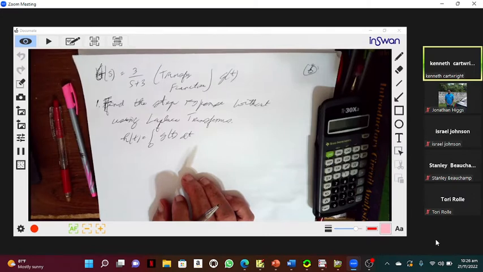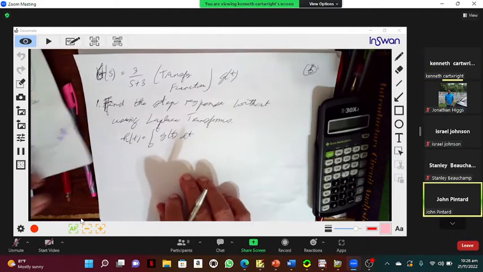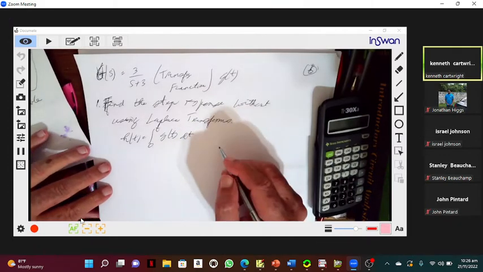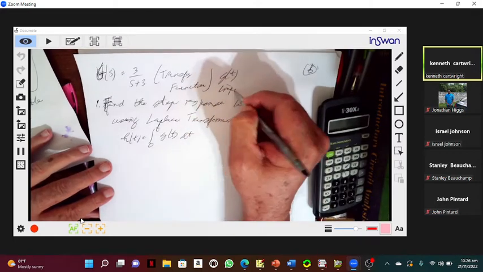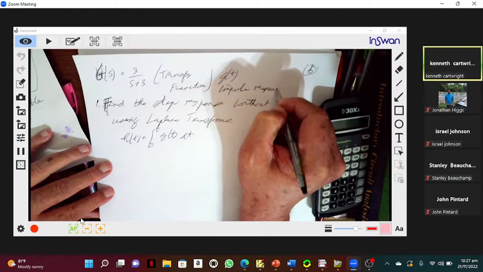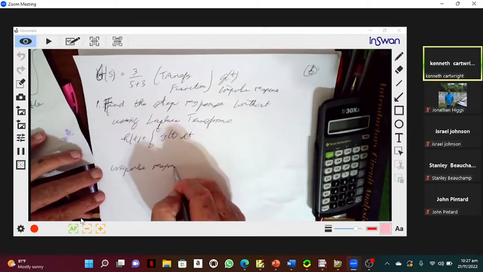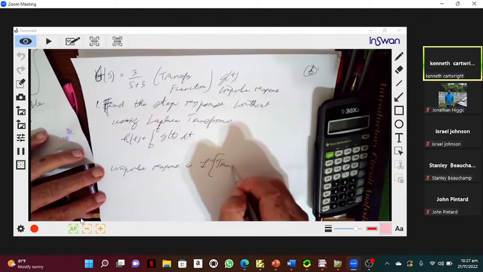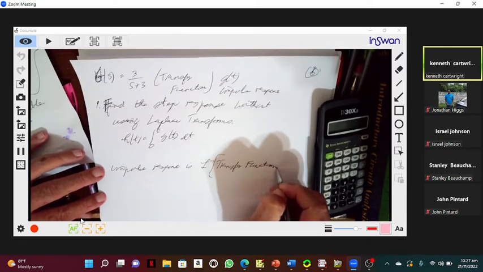Folks, life would be so much simpler if y'all just learned your definitions when I give them to you. The impulse response. Impulse response, thank you very much. Let me say it again. Impulse response is the inverse Laplace of the transfer function. This should be said in your brain.